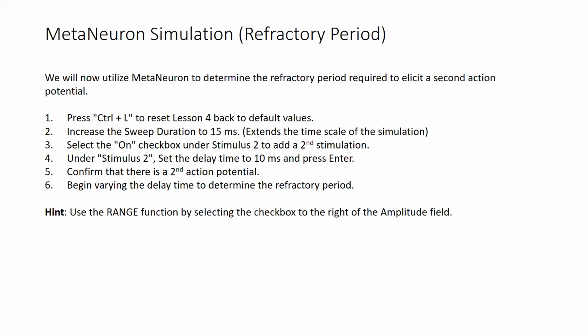Confirm on the screen that there is a second action potential. Begin varying the delay time to determine the refractory period. Hint: you may use the range function.